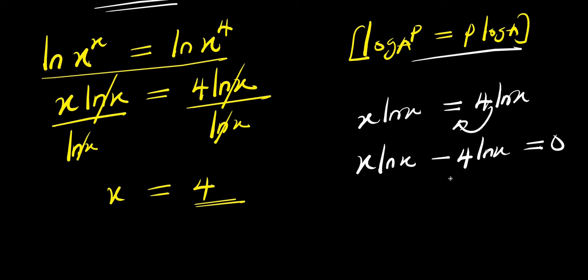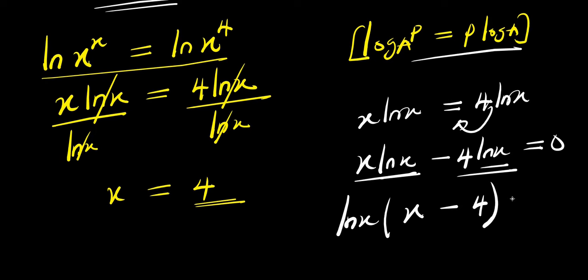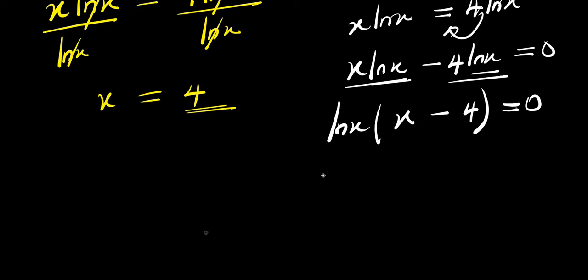So what I can do now is to factor out natural log of x. I have it here. I divide this by natural log of x, I have x minus. I divide this by natural log of x, I have 4. And this equals 0. From here, I can have natural log of x equals 0. I also have x minus 4 equals 0.